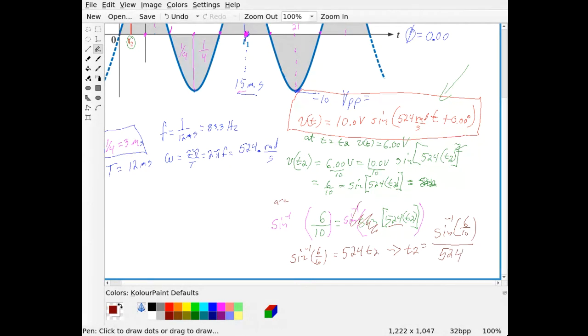If I punch that into my calculator and did everything correctly, I get 1.23 milliseconds. So let me show you how I type that into Octave here.